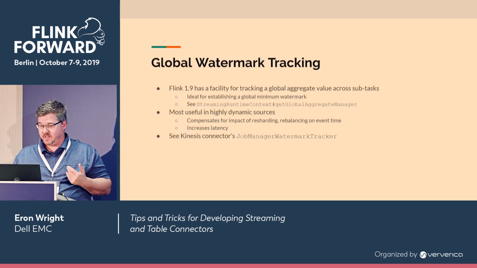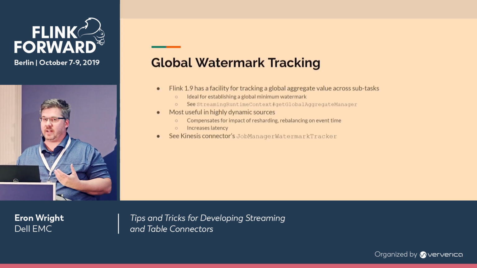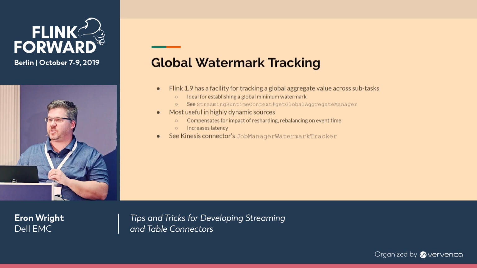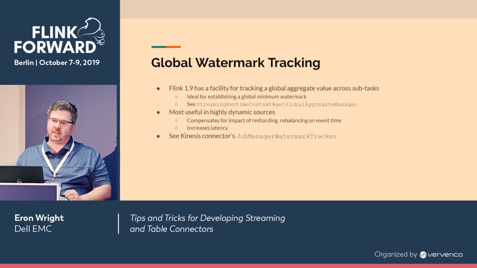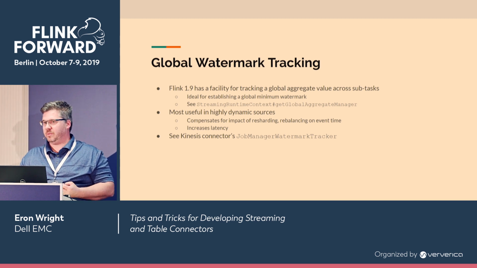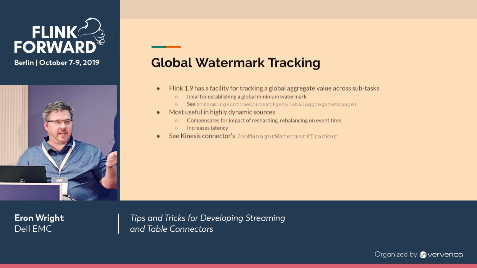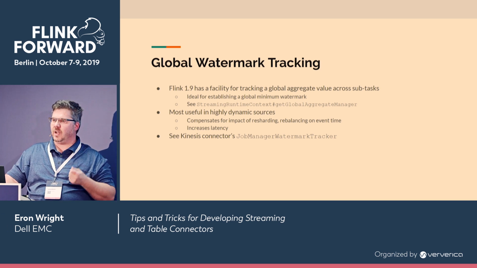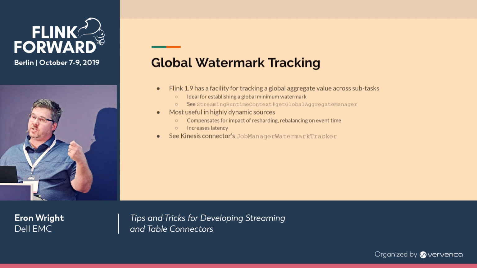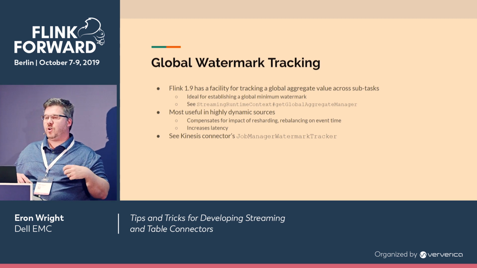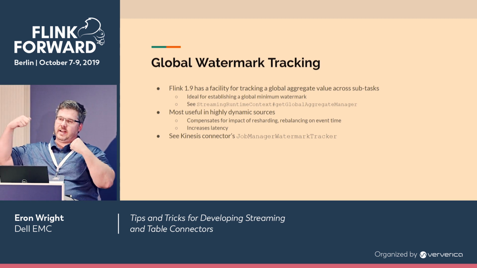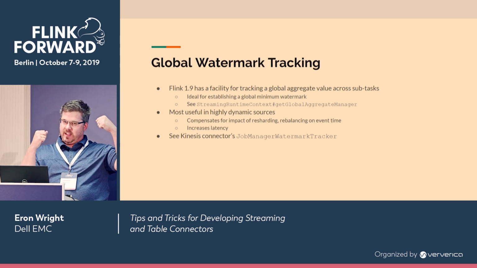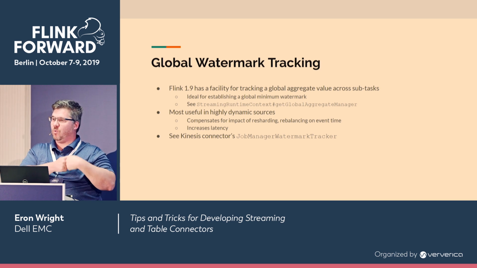This actually presents some pretty serious challenges to a connector developer. But I just want to quickly buzz through some of the facilities that you have to take advantage of to maybe compensate for that complexity. One thing that's new to Flink 1.9 is a global watermark tracker. What you can do now is the job manager has a global aggregates facility where each of your subtasks can publish the local watermark that it has observed and coordinate to establish a global watermark.